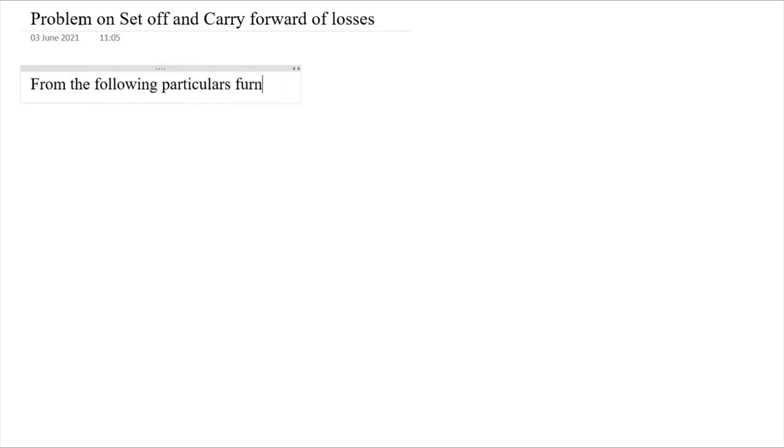particulars furnished by Sunil Magadum of Bijapur, compute his total income for the assessment year 2021 by set off and carry forward of losses.